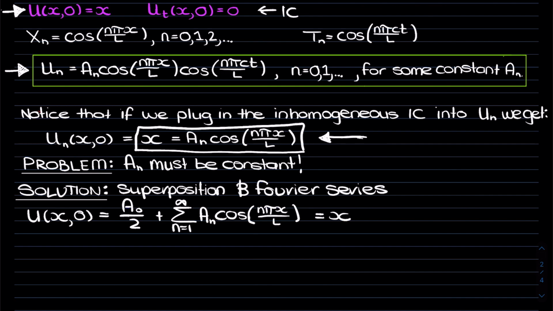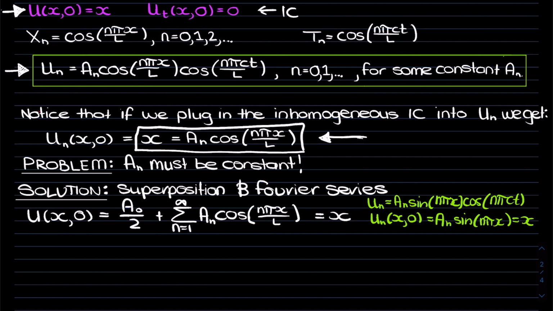I might do this in green, there is also a Fourier sine series, and if we had a u of n that looked like a of n sine n pi x cosine n pi ct, and we had a non-homogeneous initial condition where u of n x naught, so when t equals 0, equals a of n sine n pi x, and that is supposed to equal x, you'd see in this case I would use the Fourier sine series.